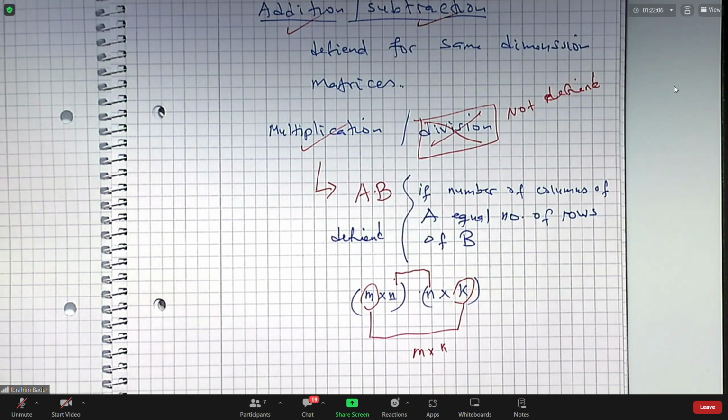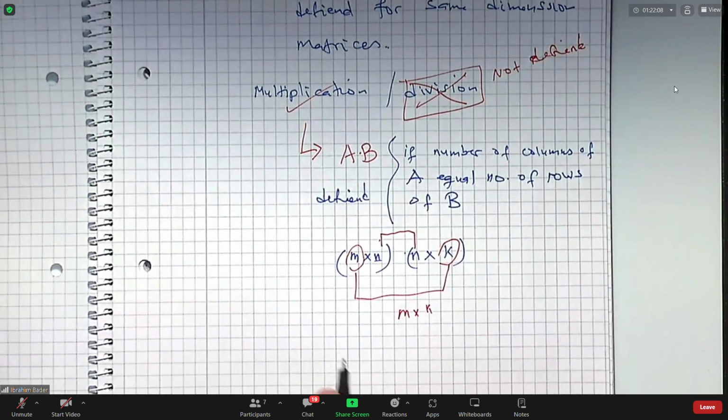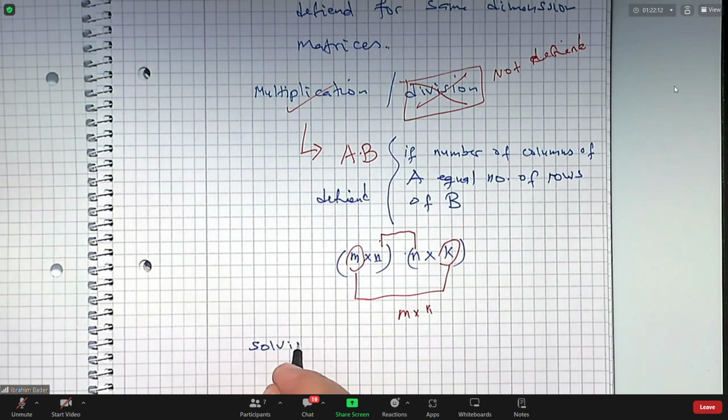Okay, now division is not defined. What to do? Now the next topic for today is solving what we call matrix equations.